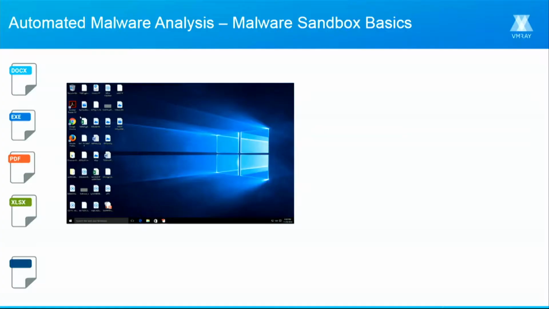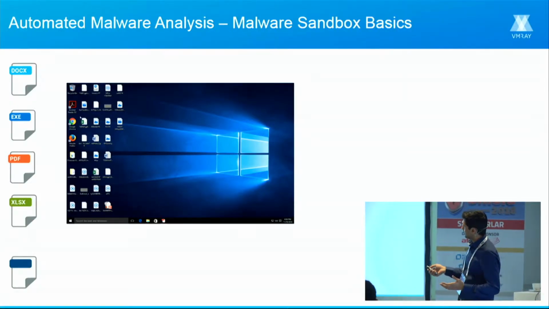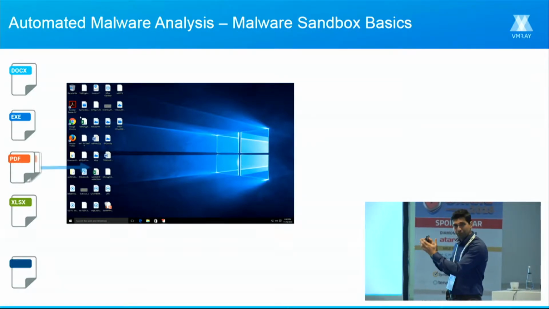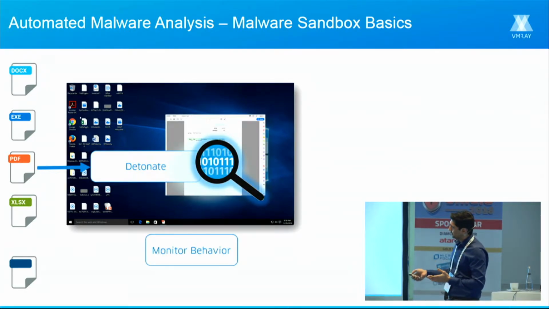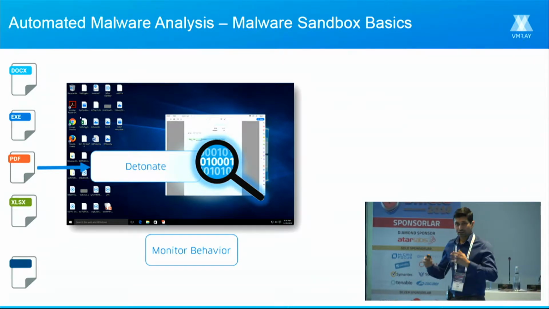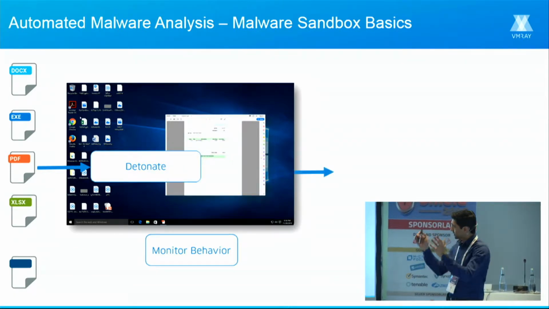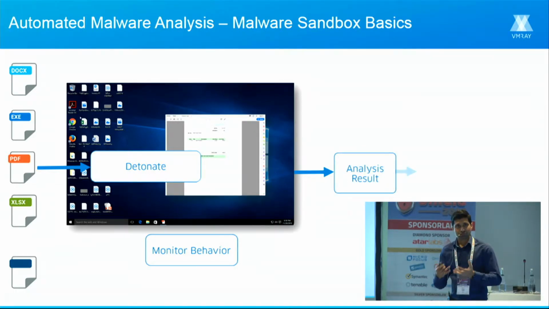So malware sandboxing, right? What is it? Malware sandboxing is sometimes called automated malware analysis, sometimes referred to as dynamic analysis. What it is essentially is basically the execution of a file or a URL inside a controlled environment, right? So when you do this, you monitor the behavior of that file or that URL inside the controlled environment, and you generate an analysis result.